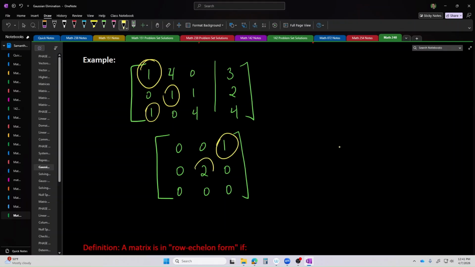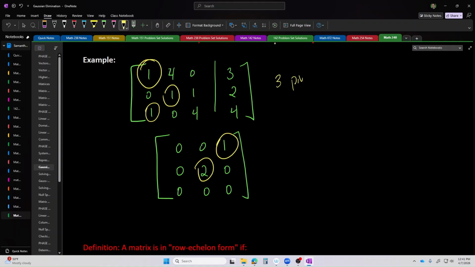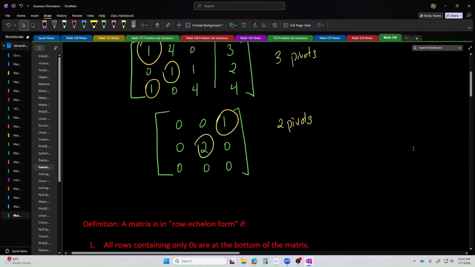This pivot here, 2, being the first non-zero entry in the second row, but the third row doesn't have any pivots in it because the third row contains only zeros. It doesn't contain any non-zero entry. So this guy has 3 pivots, and this guy has 2 pivots. So this is the meaning of the word pivot as applied to a matrix.